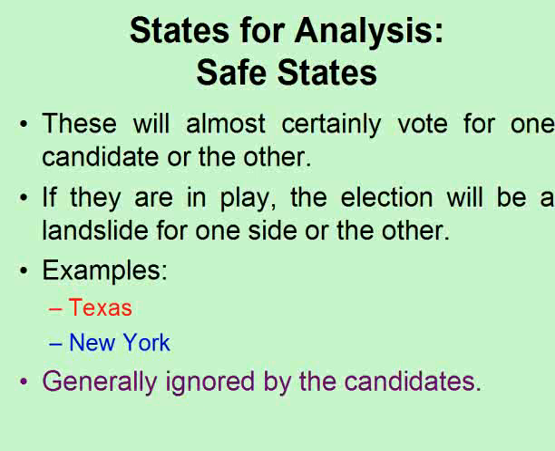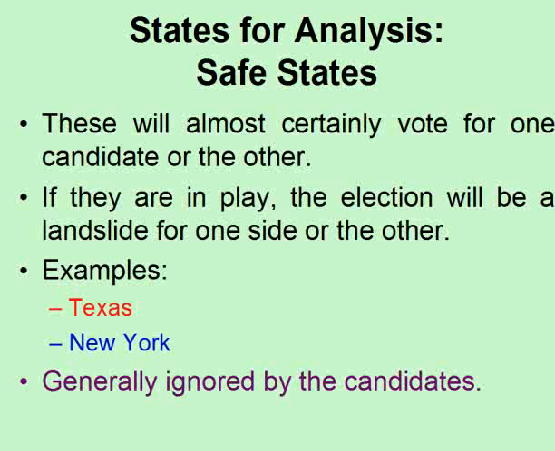So, for example, if you have a state like Texas, now it's possible for Texas to go for a Democrat, but if Texas is even competitive, it means the Democratic Party has won the election anyway. It happened in 1964. The opposite is true for New York. Even though New York is considered a safe Democratic state, it's possible for New York to vote for a Republican candidate.